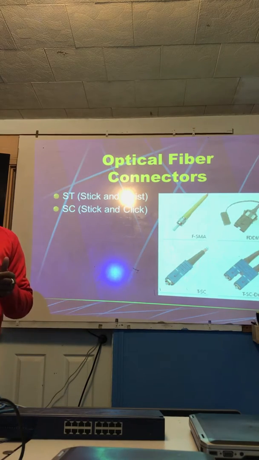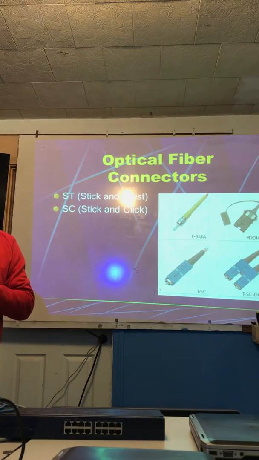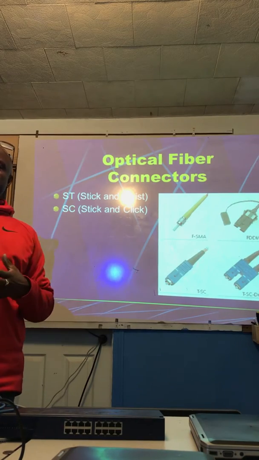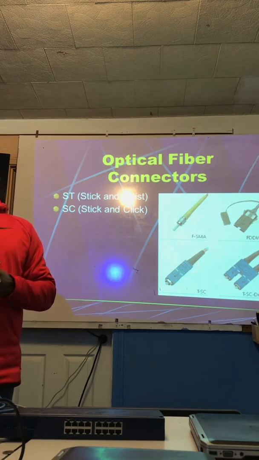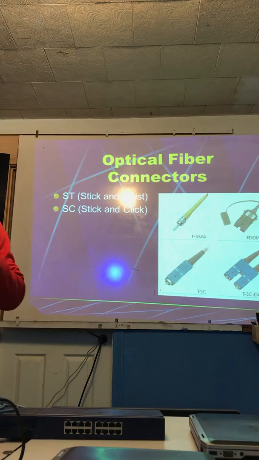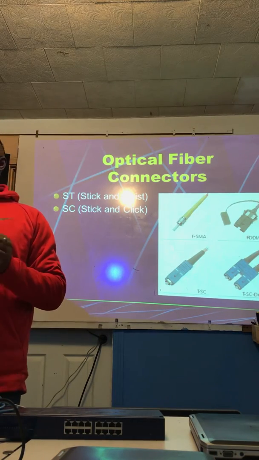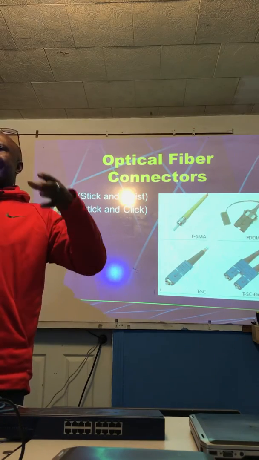Now, if you're going to have a network in a place where they have flammable material, such as a lab or a place where they deal with gasoline or any flammable material, it is recommended to use fiber optic because there is no chance of an electrical spark.